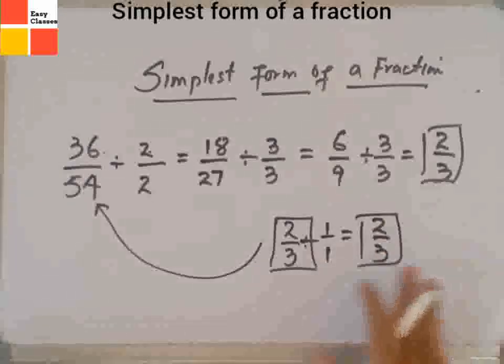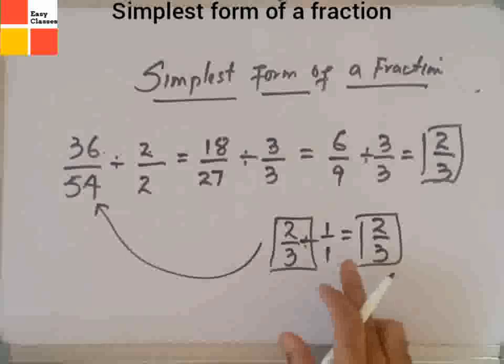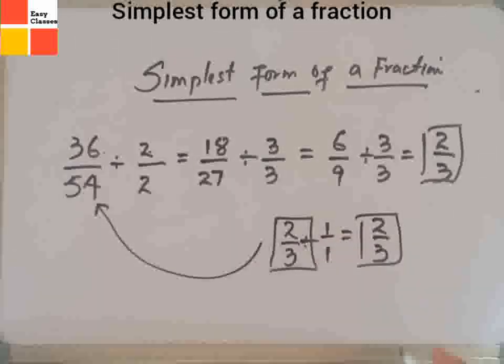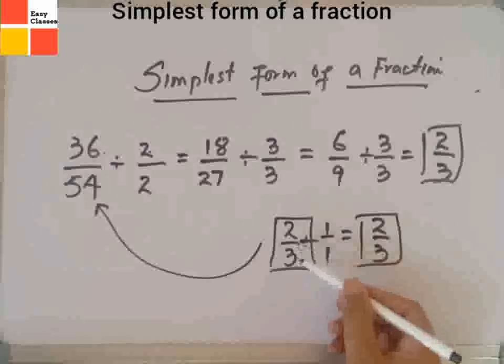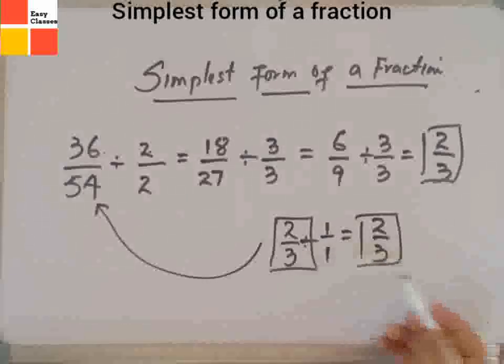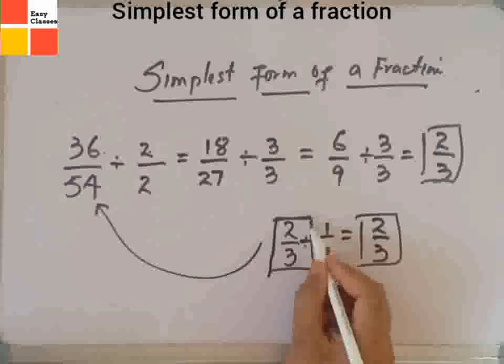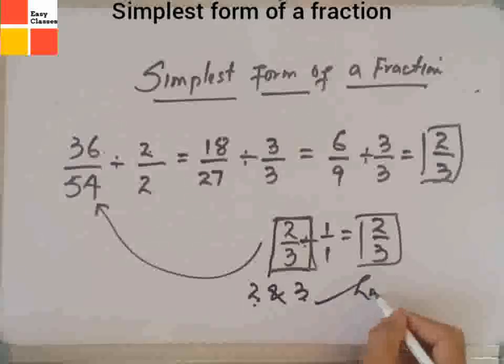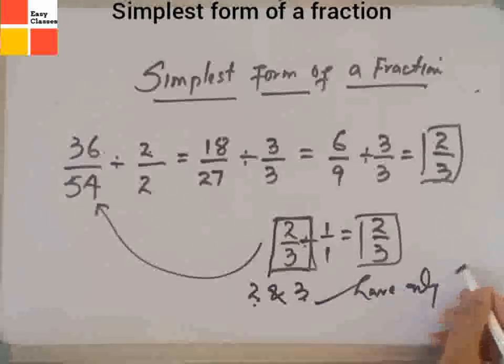You cannot divide this fraction by any number other than 1. That means this fraction has a numerator and a denominator, 2 and 3, that have only 1 as a common factor.